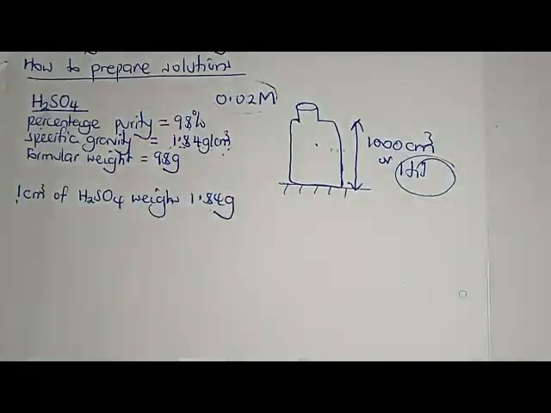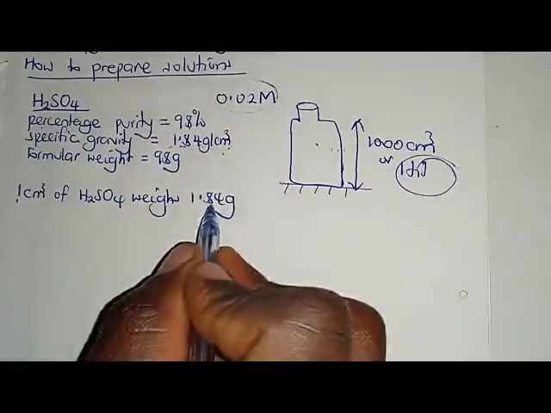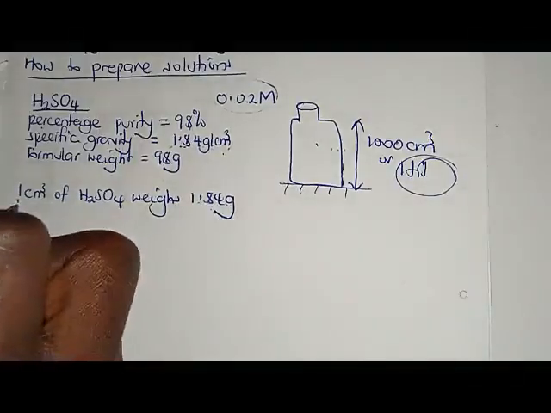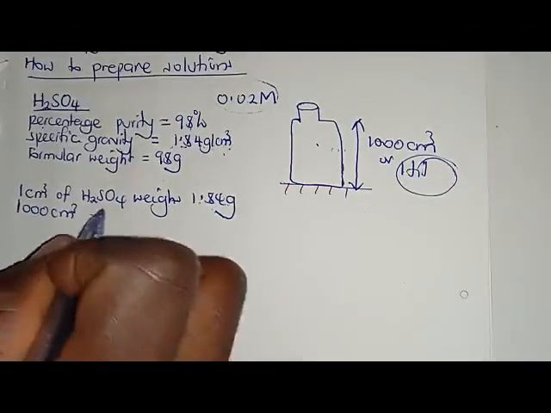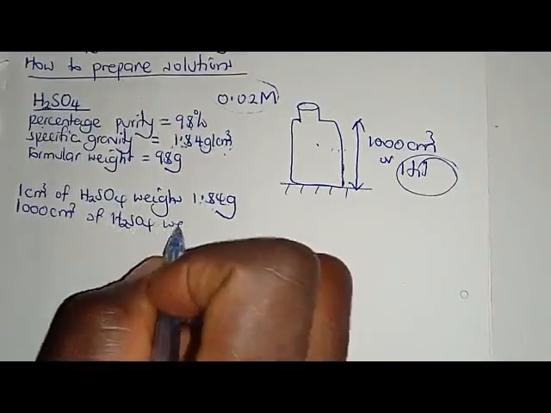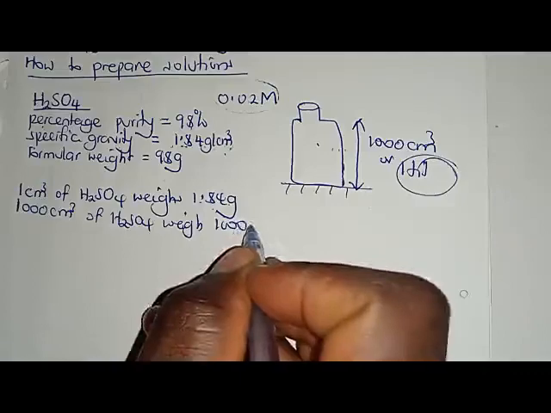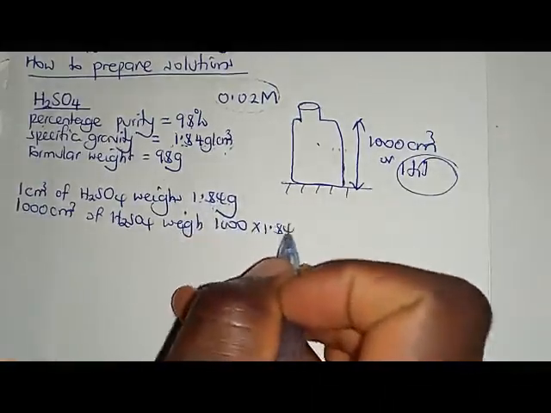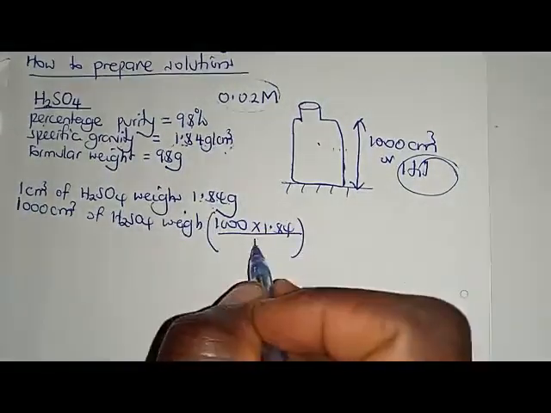Now, since it is 1 liter, if 1 cubic centimeter weighs 1.84 grams of sulfuric acid, what about the 1,000 cubic centimeters of sulfuric acid? So this would weigh 1,000 times 1.84 divided by the 1 cubic centimeter.